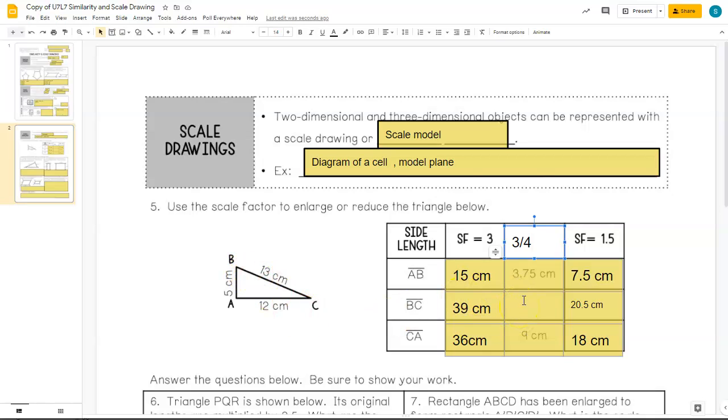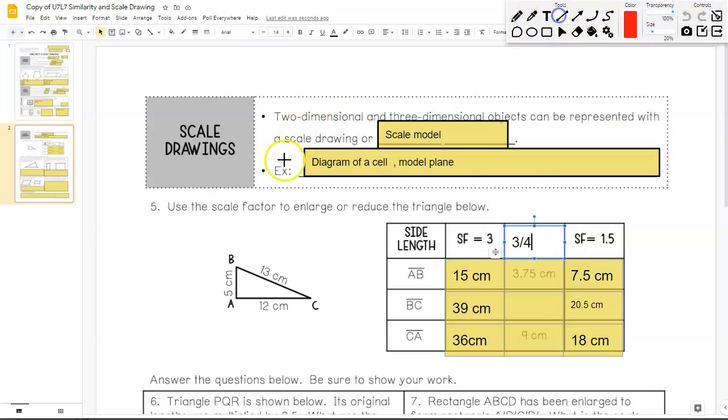Then we need to do 13 times 3/4. All right? So I'm going to do that real quick. 13 times 3 is 39, and we have 39 divided by 4. Let me go ahead and just actually write that out. So I'm going to draw my division bar here. So I've got 39 divided by 4. It goes in 9 times, because 9 times 4 is 36.